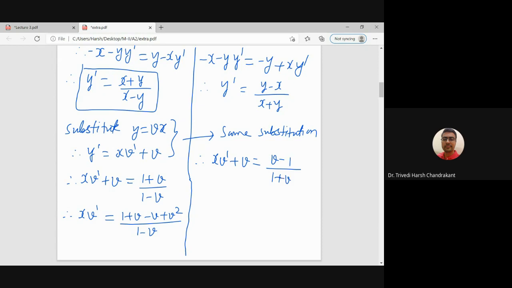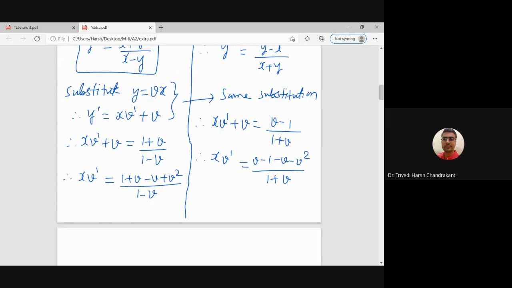Right? And then it turns out to be x v dash is equal to v minus 1 minus v plus v square minus v square divided by 1 plus v. Alright, so these are the equations we are getting.